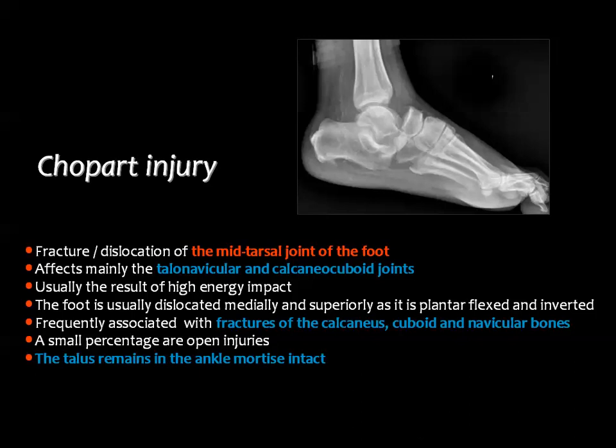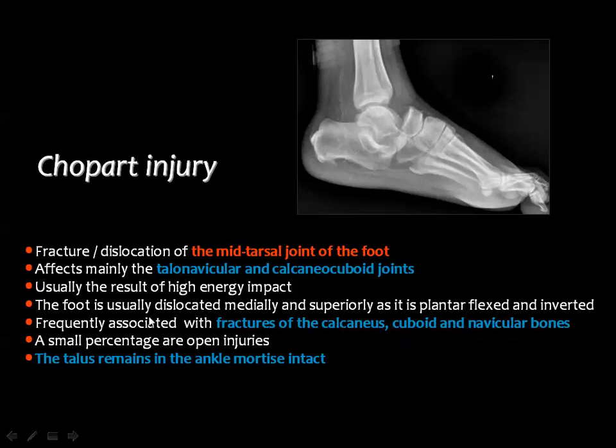And then the Chopart injury is a fracture dislocation of the mid-tarsal joints of the foot. It affects mainly the talonavicular and the calcaneocuboid joints. Actually, this fracture is well appreciated in the lateral X-ray of the ankle or the sagittal images of the CT or MRI.